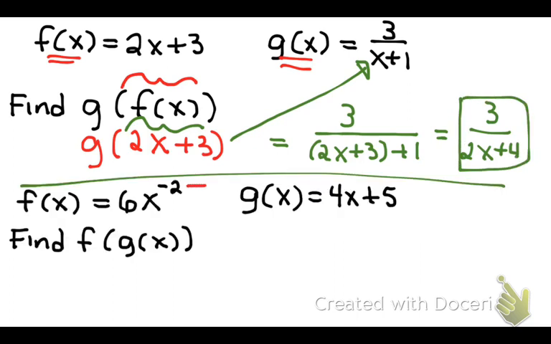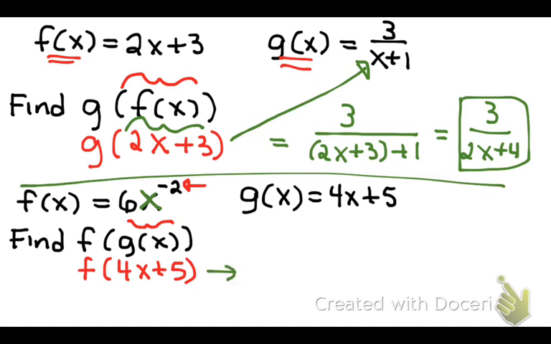I thought we should try one with a negative exponent. So again, remember we start from the inside, so it's really f of g of x, and then instead of g of x, we're going to write 4x plus 5. So now we're at our f of x. So this x is going to be replaced with 4x plus 5.